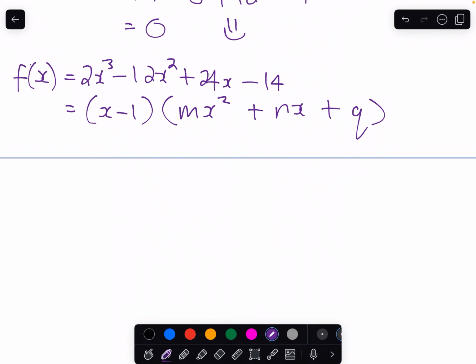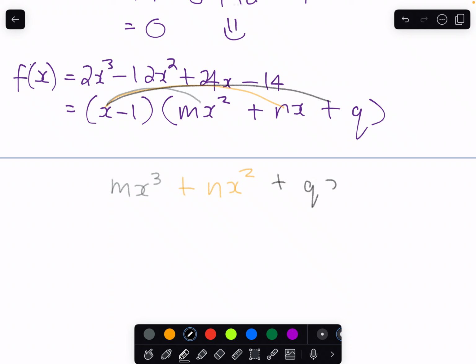So if we do this multiplication, we get mx cubed, we get nx squared, we get qx, we get minus mx squared, we get minus nx, and we get minus q, right?